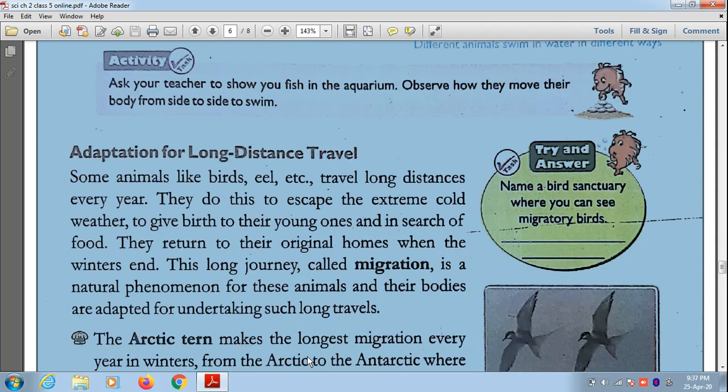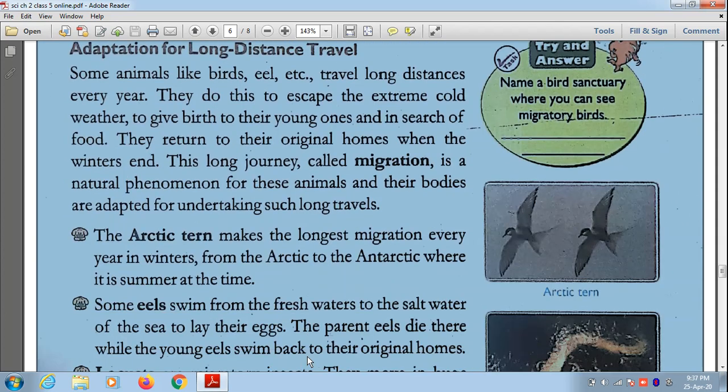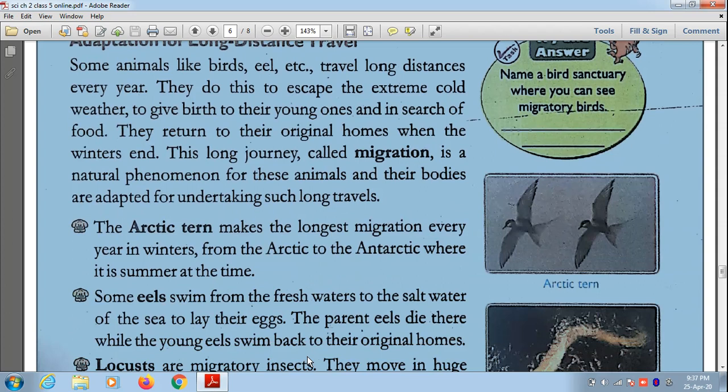Now, adaptations for long distance travelers, especially the birds that migrate, children. Migration is the phenomenon where a bird or any other organism travels a long distance from one particular place to reach another place. Suppose the habitat in which it is living is not providing the proper food or the proper temperature conditions, and the animal might be at the risk of getting extinguished.